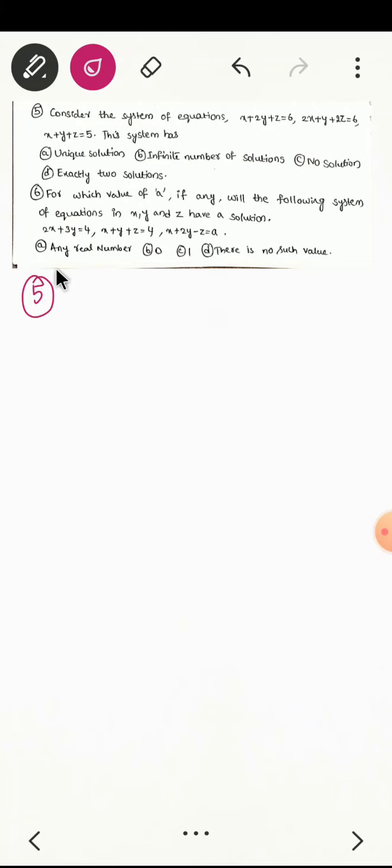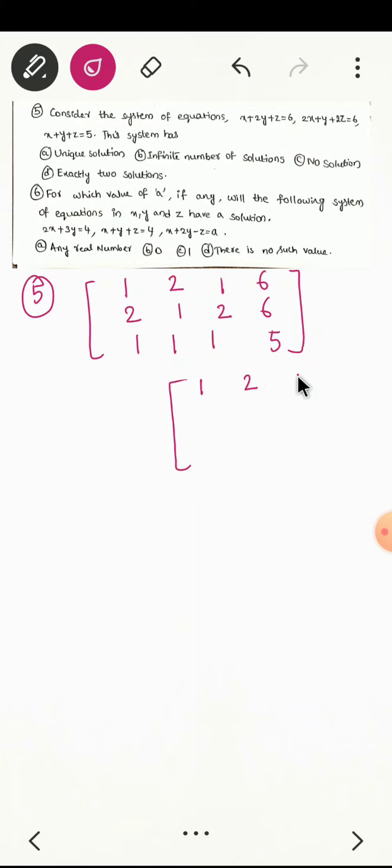What they are saying, problem number 5, consider the system of equations. So 1 2 1 6, 2 1 2 6, 1 1 1 5. Now, as we know, here we have to make this 0.